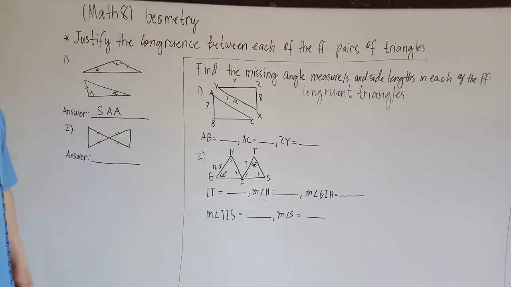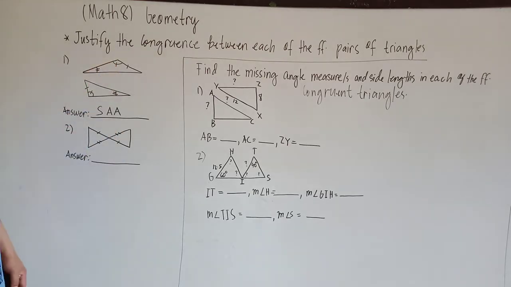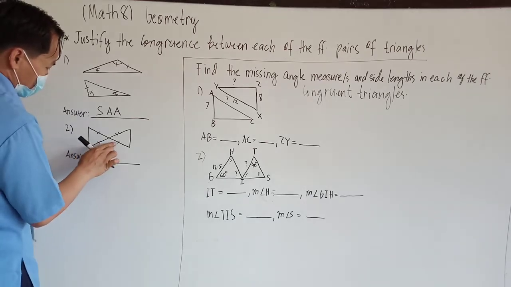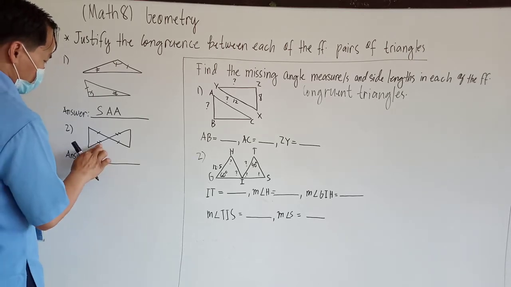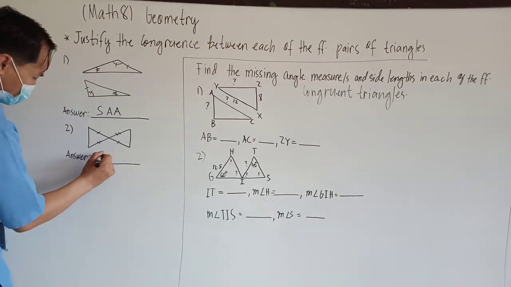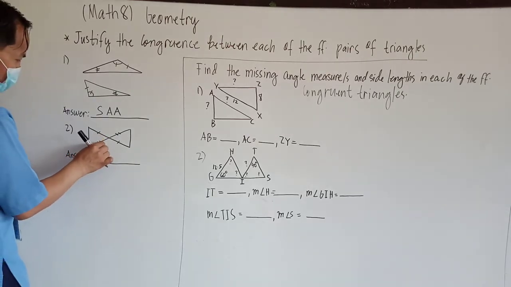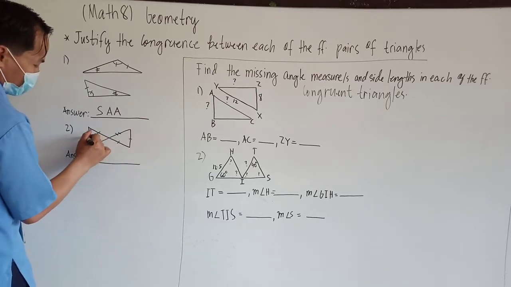If two angles and the excluded side of one triangle are congruent to the corresponding two angles and side of another triangle, then the two triangles are congruent. That is called SAA. Number 2: the first side is congruent to a side of the other triangle, S. The second side of the first triangle is congruent to the second side of the second triangle, another S. If these two sides are congruent, it follows that this side is also congruent to this side.